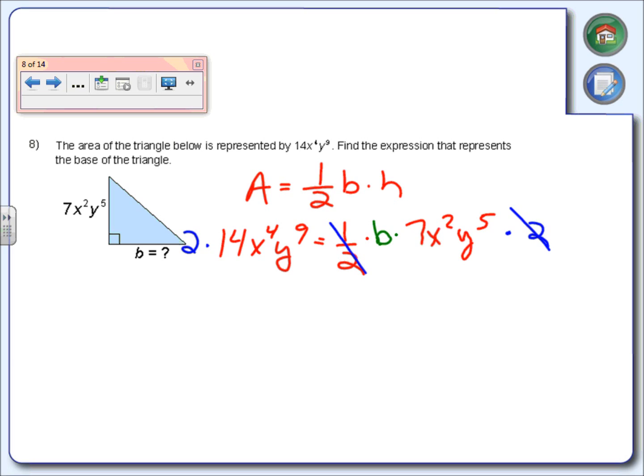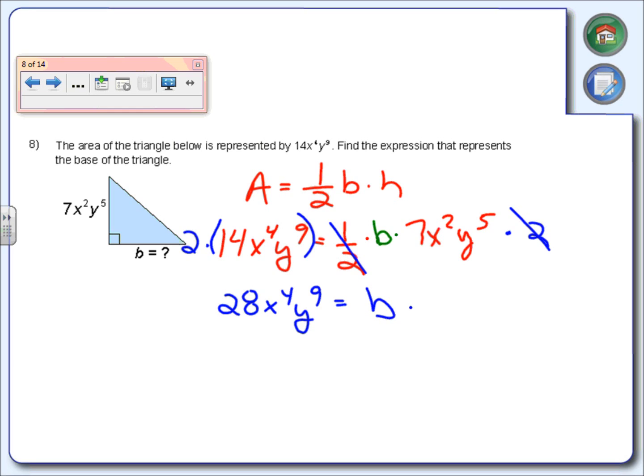So if I multiply 2 times this, what am I going to get? I heard it. 2 times 14x to the 4th y to the 9th, 28x to the 4th y to the 9th.